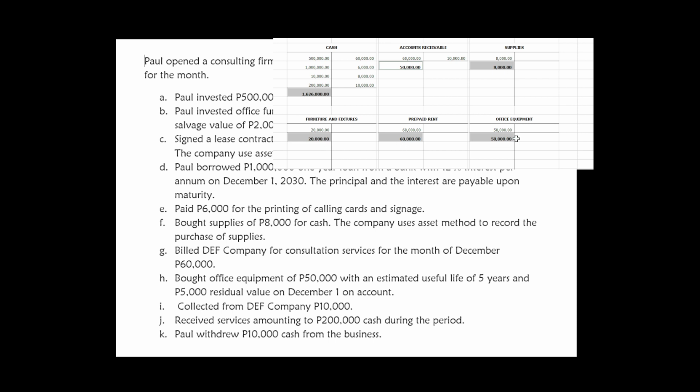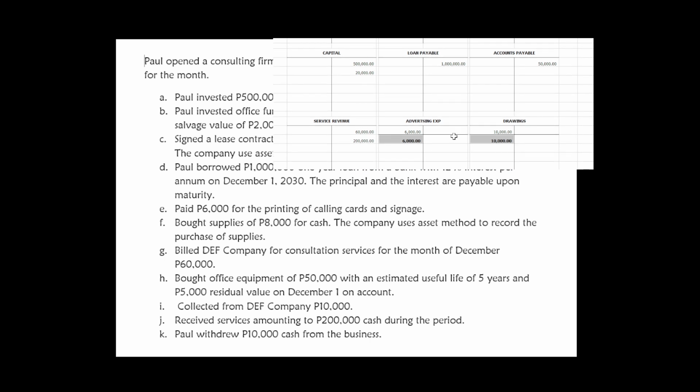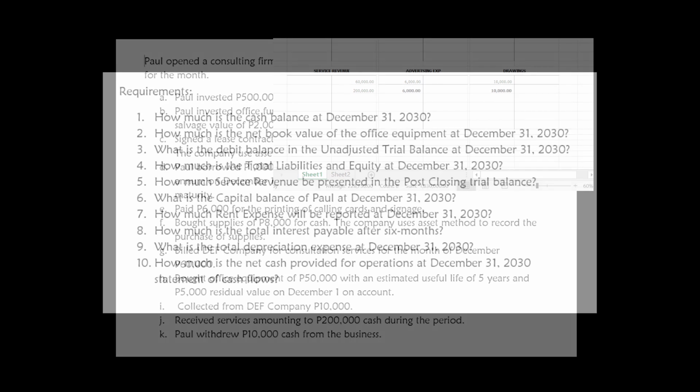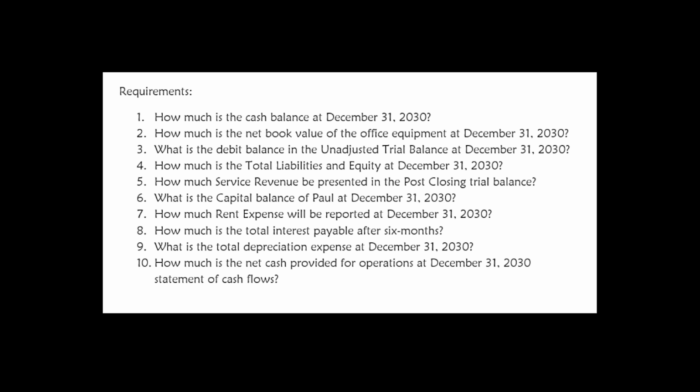Prepaid rent, 60,000. Office equipment, 50,000. Advertising expense and drawings of 10,000. So, ito yung total niya. Ituturo ko yung total nito. Ito siya. Ang total lahat ng debit is 1,830,000. Nakikita nyo ba? Ito, sa baba. 1,830,000. So, yun yung sagot natin for number 3.